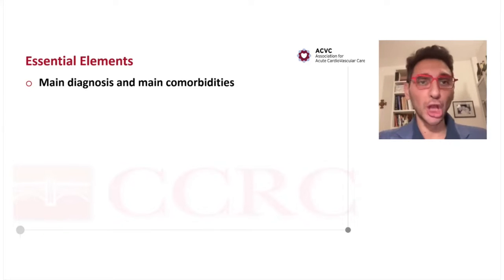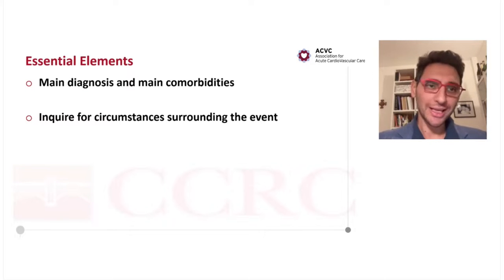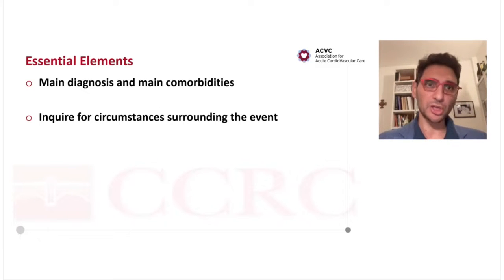Especially for patients with a long chart, go to the key diagnosis and key comorbidity, and inquire about the circumstances surrounding the event. Ask, what is the diagnosis this patient is admitted for, and what is the key comorbidity? The second bullet point is extremely important, because sometimes you may have patients who just had their IV line changed and may have had a bolus of a vasodilator.